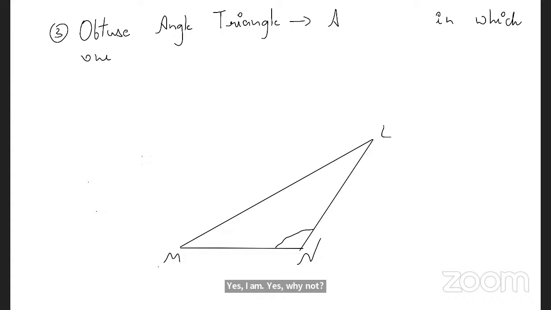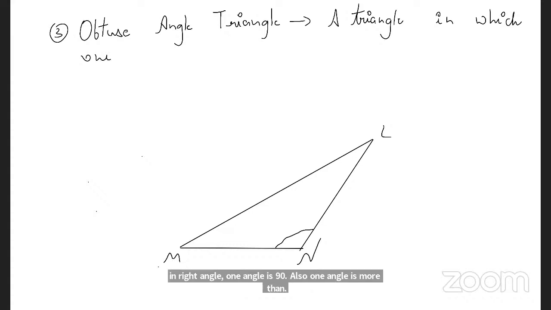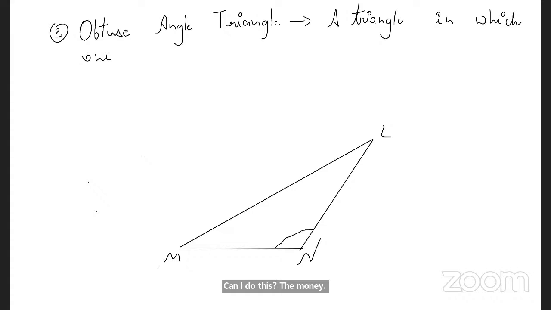Ma'am, for an obtuse triangle and a right triangle, it is impossible to have two of the same angles, right, ma'am? Like I can't have a right triangle with two 90 degree angles, right, ma'am? Yes, in a right angle triangle, one angle is 90 degrees. In an obtuse angle triangle also, one angle is more than 90, less than 180. We cannot really make a triangle with two 90 degree angles, because the whole sum total is only 180 degrees.